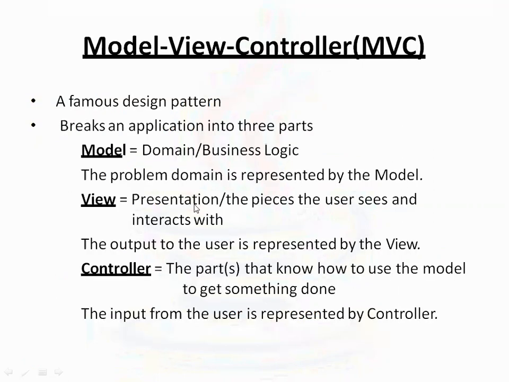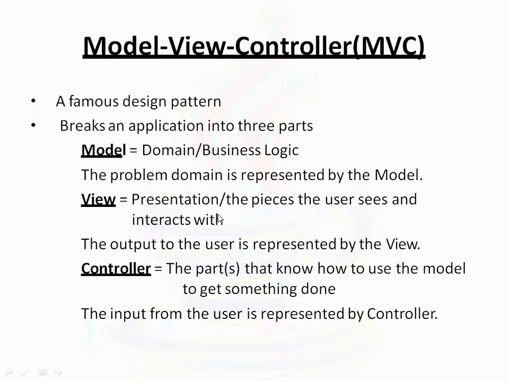You can see this famous design pattern breaks an application into three parts. One is model, which we already discussed. Business logic, that is going to interact with the DB. The problem domain is represented by the model.